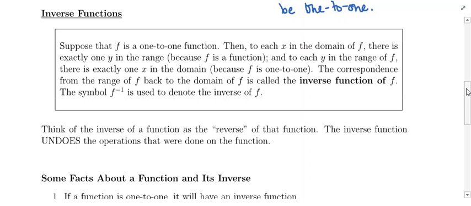Then to each x in the domain of f, there is exactly one y in the range because f is a function. And to each y in the range of f, there is exactly one x in the domain because f is one-to-one. The correspondence from the range of f back to the domain of f is called the inverse function of f. The symbol f inverse is used to denote the inverse of f.